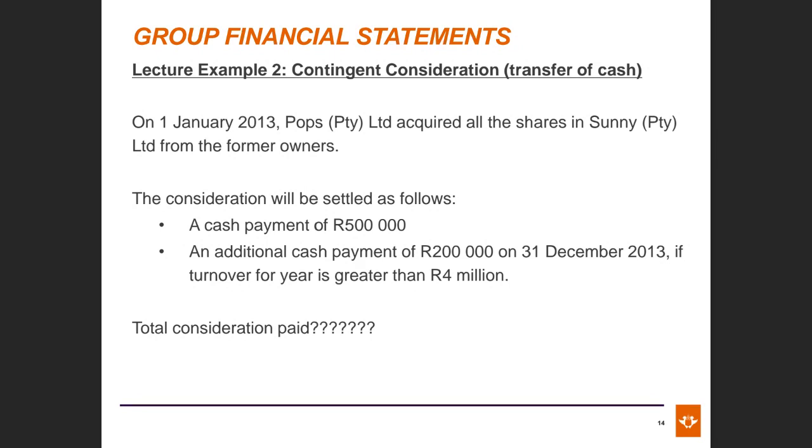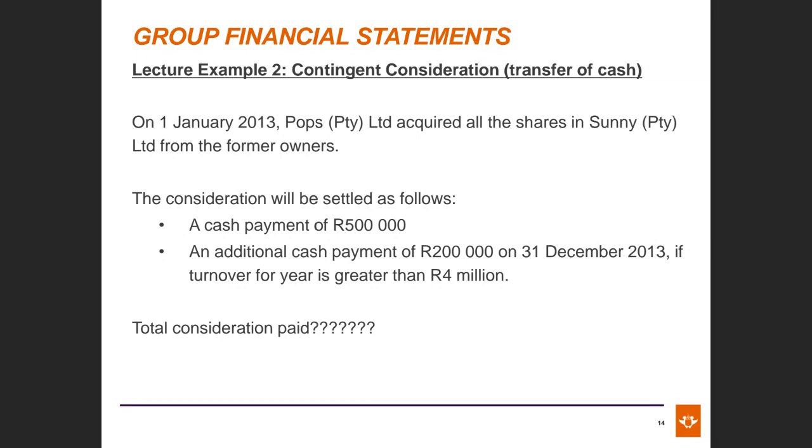Part of the consideration is a cash payment where there are no questions asked. Then we have an additional cash payment, which will only be paid if turnover for the year is greater than 4 million.